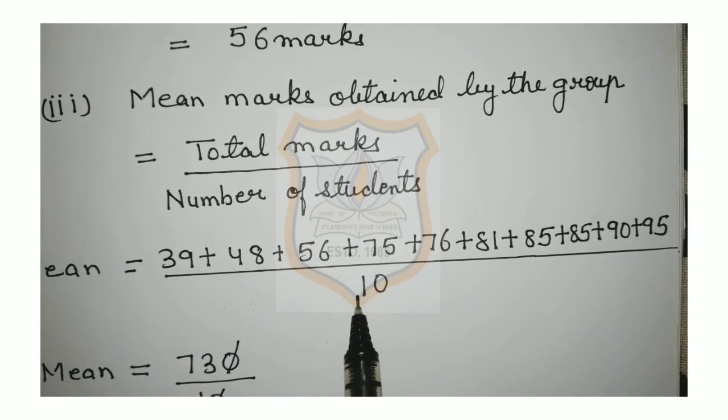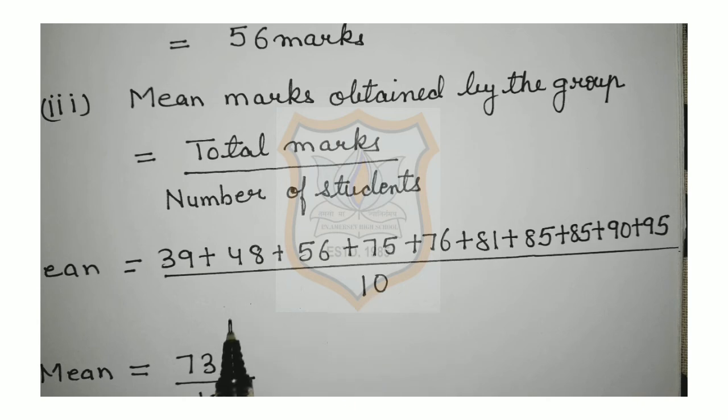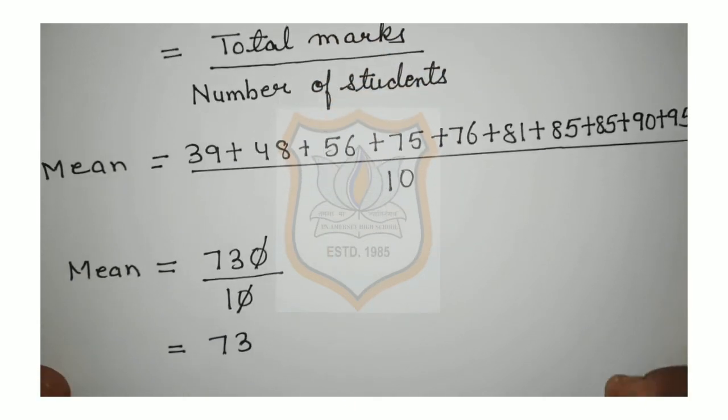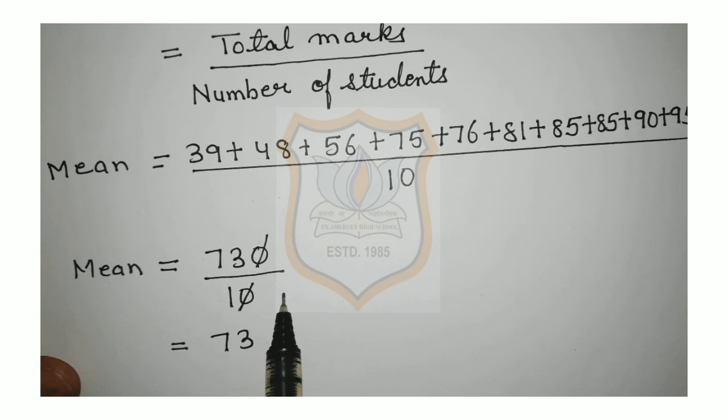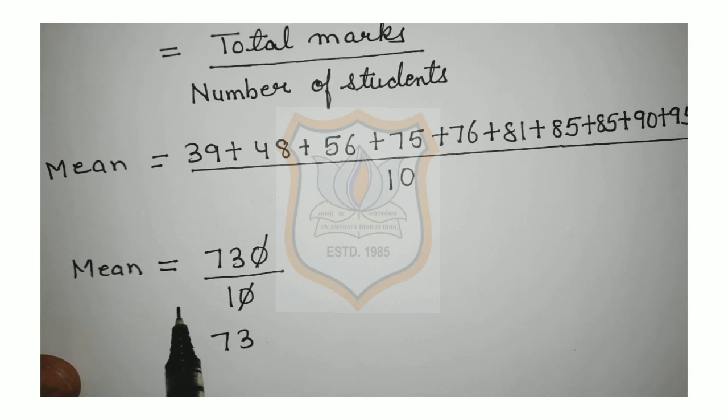Divided by 10, because the total number of students is 10. So we will divide it by 10. So our answer is 730 upon 10. 0, 0 cancel, and our answer is 73. So we can say that the mean marks obtained by the group is equal to 73.